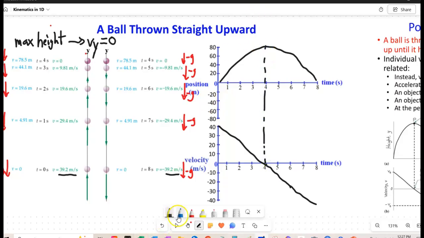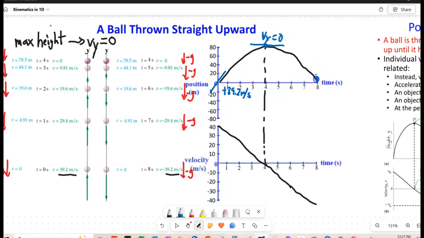So notice the slopes of this. The slope here is the initial velocity of positive 39.2 meters per second. When it reaches its maximum height, the slope here is 0.